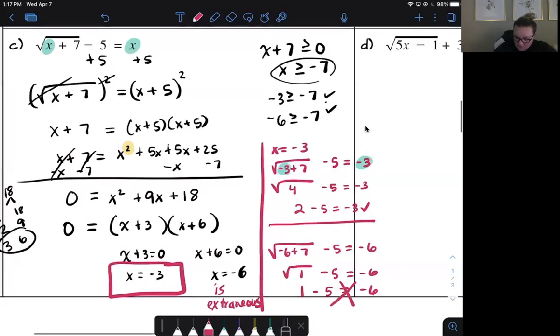So even though according to x is greater than or equal to -7, -6 would have been allowed as an answer, it still ended up not making the original equation true, which happens. So x equals -6 is extraneous and your only solution is x equals -3.